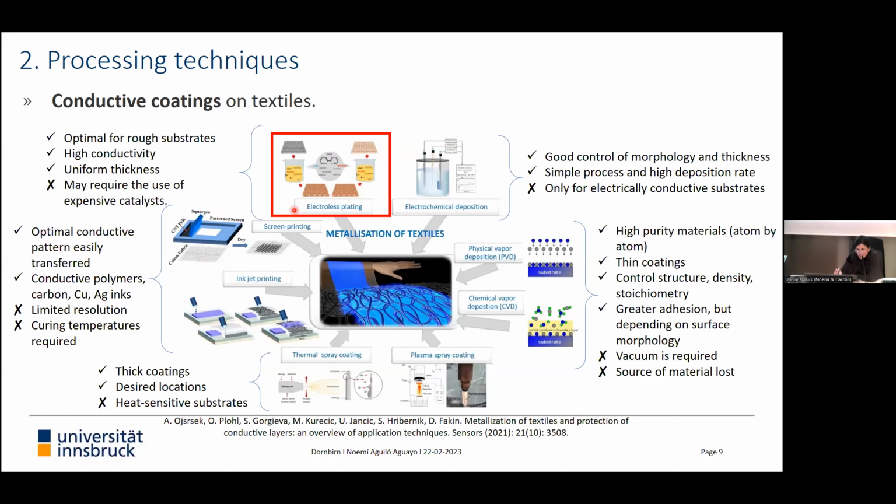The advantage is that you can use rough substrates like textiles, so that you can get high conductivity in your conductive coatings, and that you have a uniform thickness. One of the disadvantages is that it may require the use of expensive catalysts like silver or platinum. But Caroline will talk later with more details about this technique.